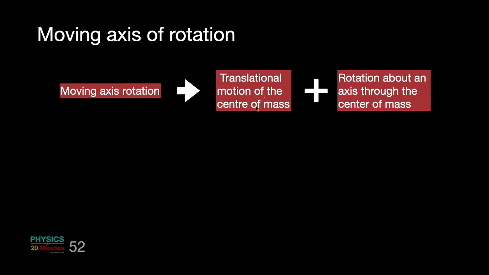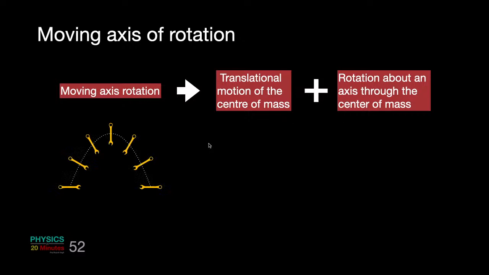Translational motion of the center of mass means assuming that the center of mass of the body is moving on a line. So this is one type of motion that the body may be undergoing. Plus, the body is performing pure rotation about an axis through the center of mass.